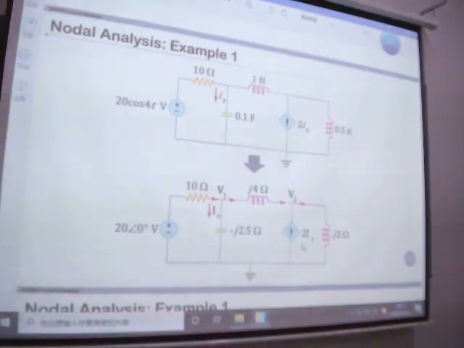We put a dot on the coefficient because if we put a dot there, we know it must be in phasor, right? But if we don't put it, sometimes it will be confused.